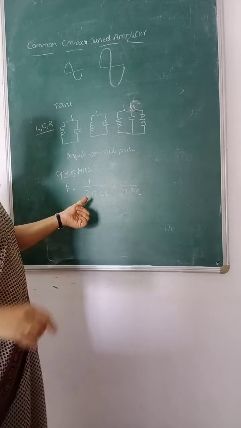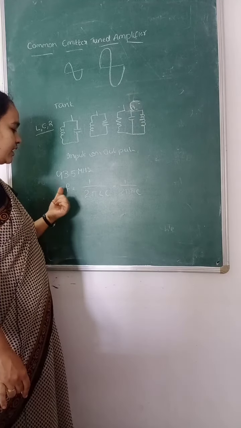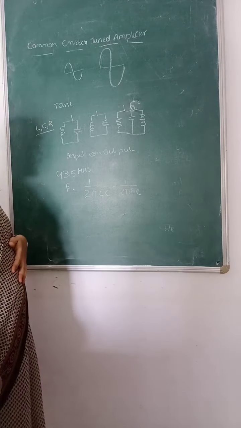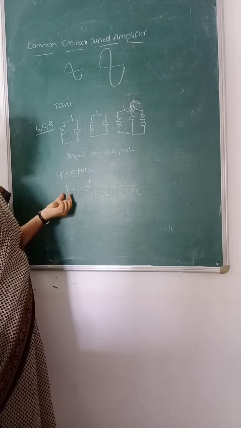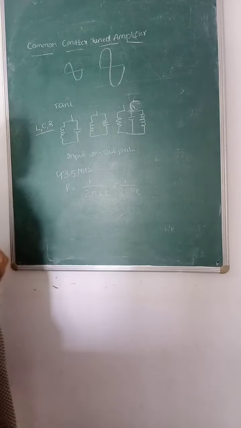So depending upon the values of the inductance and capacitance, we can calculate the desired frequency from the tank circuit. So we can select a fixed frequency by the combination of this inductor and capacitance.